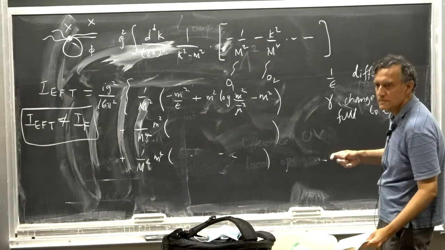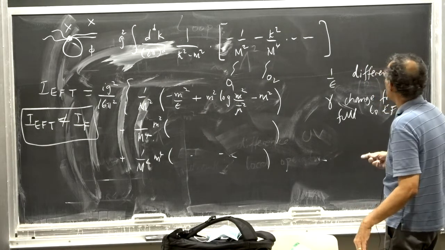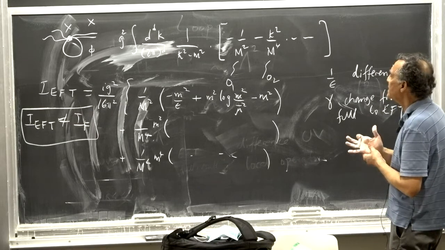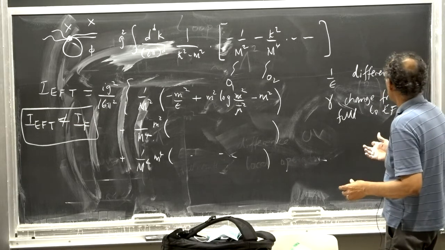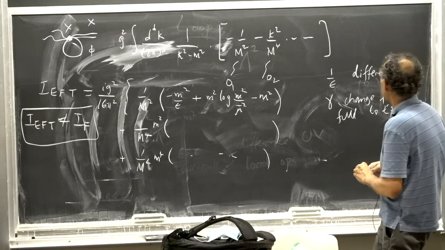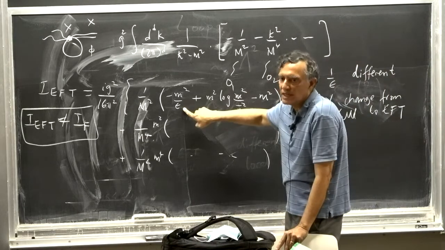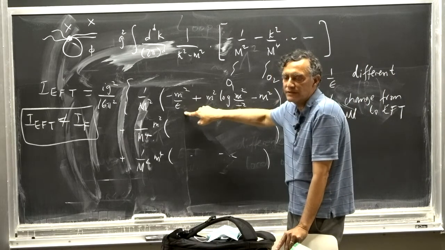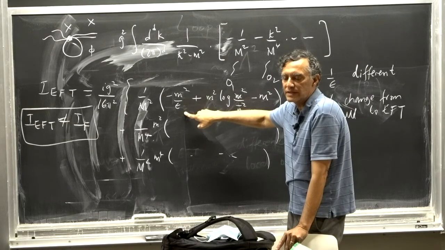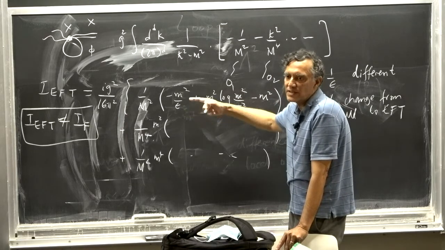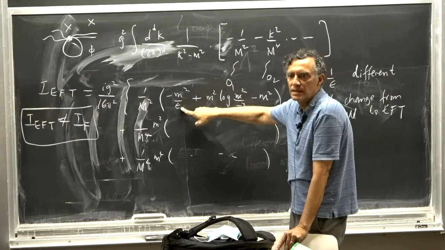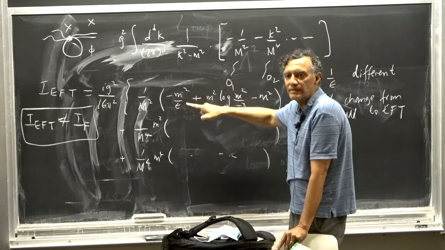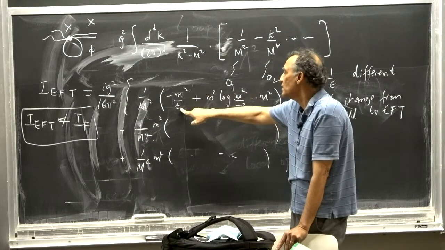Yeah. What is an anomalous dimension? So if you haven't seen anomalous dimensions, then just say that the counter terms you need are different in the full and the effective theory. The divergent part is different in the full and effective theory. I'm not going to have time to describe how to do the anomalous dimension, but it's basically the coefficient of 1 over epsilon.